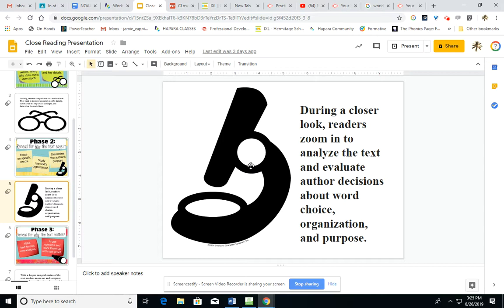What is the purpose of this writing? Why did the author choose to include this writing as to wanting people to read? There was a reason behind each aspect. And when we look at it through a second reading, we want to look at that purpose as well as the author's choice of different aspects and features of the text.